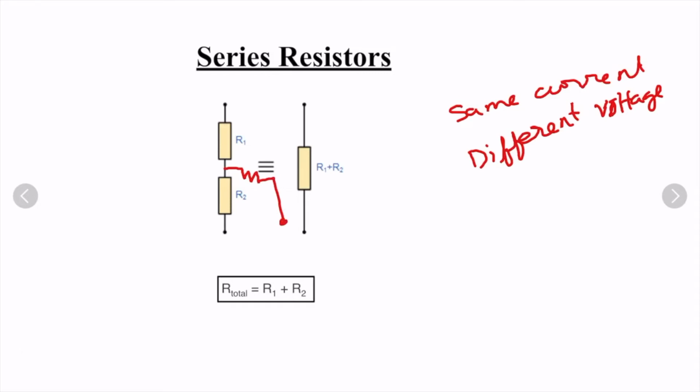The current which enters R1 is the same till here, but at this point some current will go into R2 and the remaining current will go into this element. So in that case R1 and R2 are not sharing the same current, which means R1 and R2 will not be in series. That is how you analyze whether particular elements are connected in series or not.